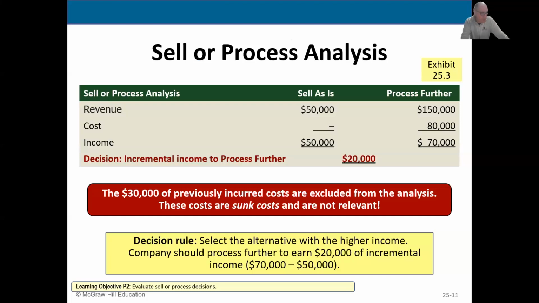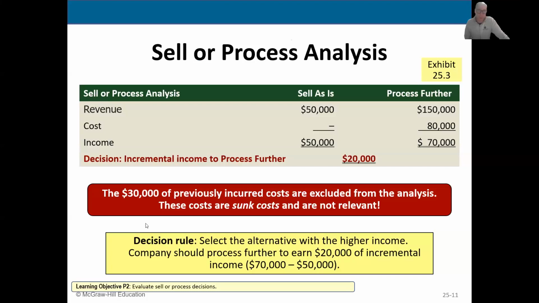But the 30,000 is what we call a sunk cost. It's not relevant. Sunk costs we do not consider in our decision-making process. So based off of that decision-making rule, I would decide to go with processing it further because it's going to yield a greater income.